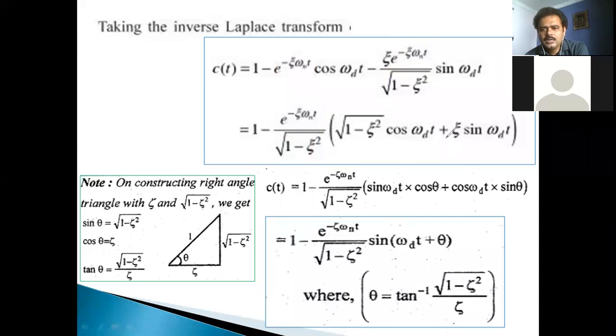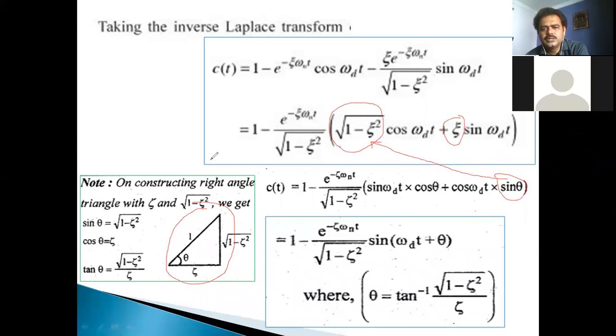Next, using this triangle, a right angle triangle, if we assume θ is the angle, then opposite side by hypotenuse becomes sin θ.